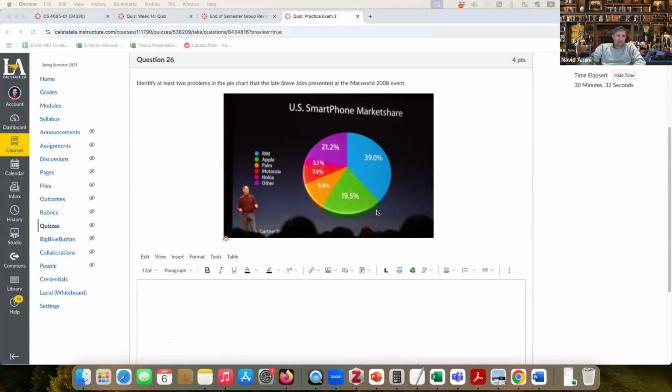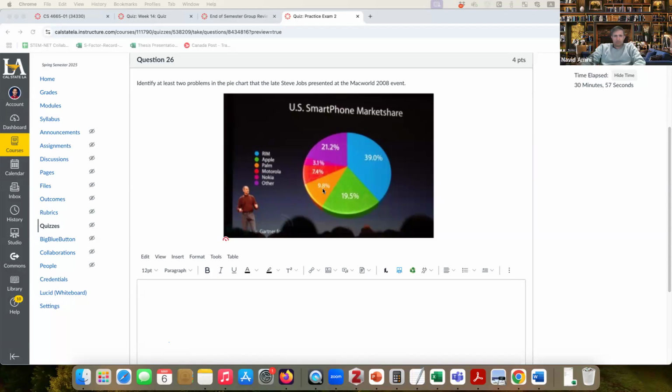I don't know whether this was intentional or not. I think it must have been intentional, but the way this visualization gives the message is: Apple is already a huge part of the market. It's like right after RIM, which was not the case.